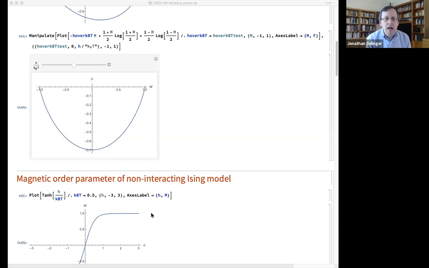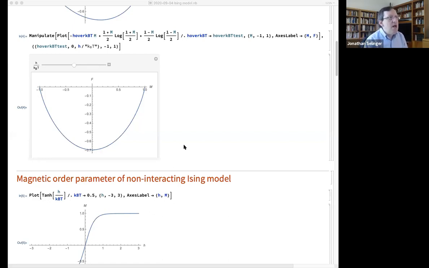In the last class, I got as far as figuring out the entropy for the collection of states with a particular value of the magnetic order parameter M. I also figured out the energy of interaction with the magnetic field. So there's no interaction of one spin with another yet, but there's some interaction with the magnetic field.